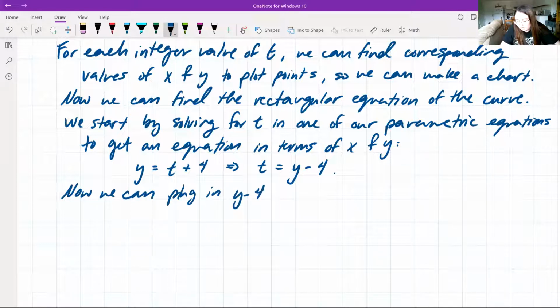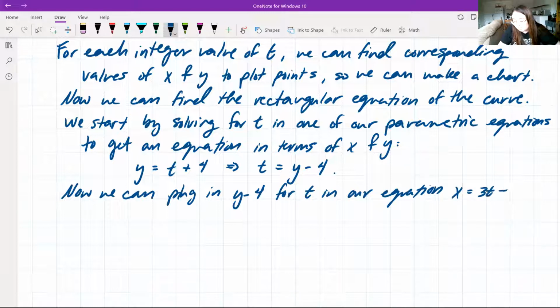So we can plug in y minus 4 in our equation x is equal to 3t plus 4.